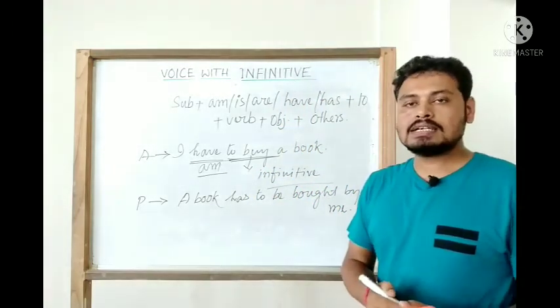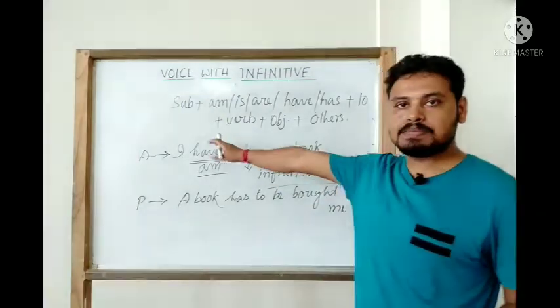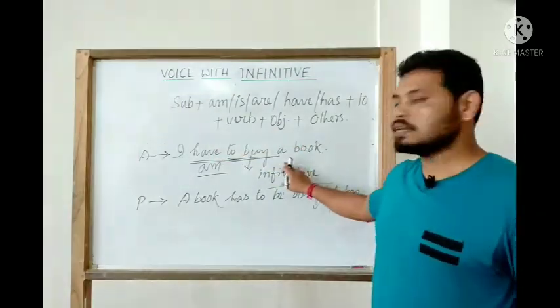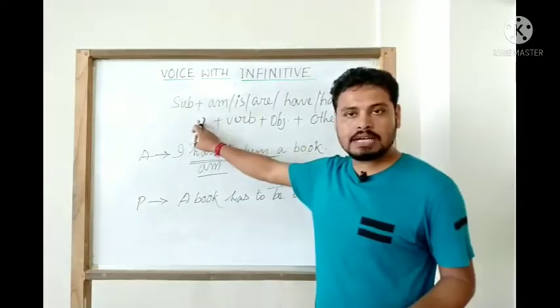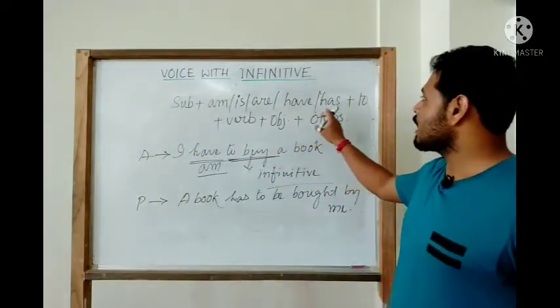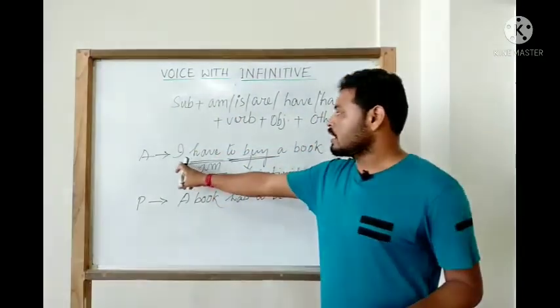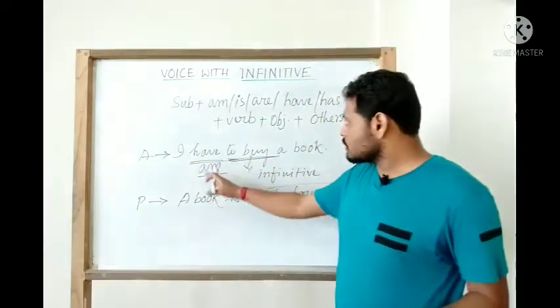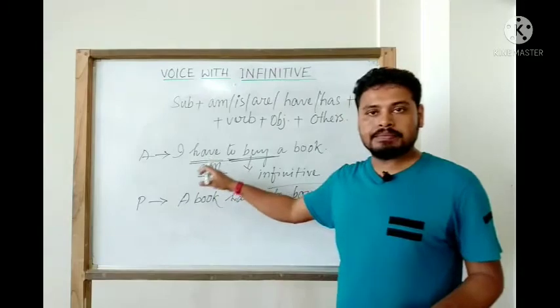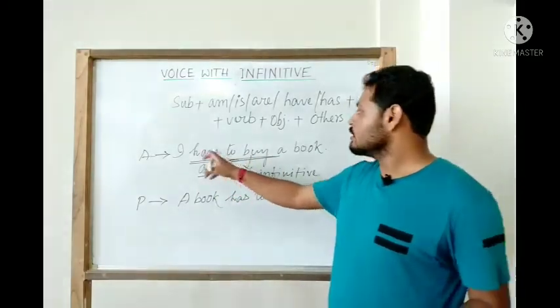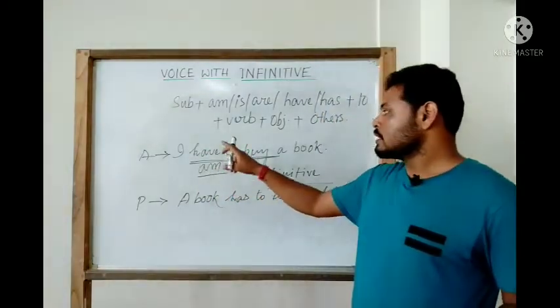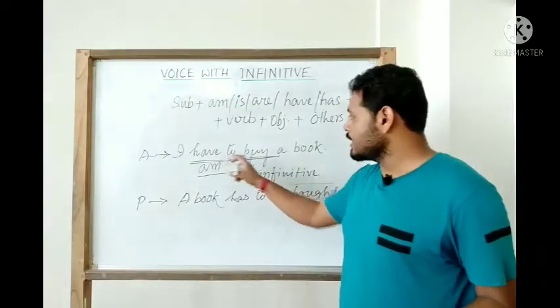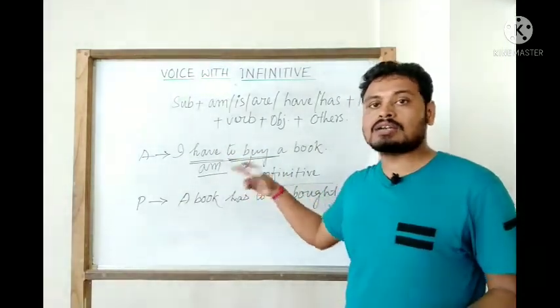So look at the structure of the active sentence with infinitive. Subject, then am is are have has. For example, here I am using he, so he has to. Here I am using they have to. Again, if I use a be verb, he is to, I am to, they are to.